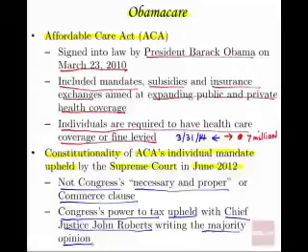And so the language of what was allowed and disallowed actually kind of changed because of the Supreme Court's ruling. President Obama originally had insisted that there would be no new taxes as a result of Obamacare, and that it would actually raise money.